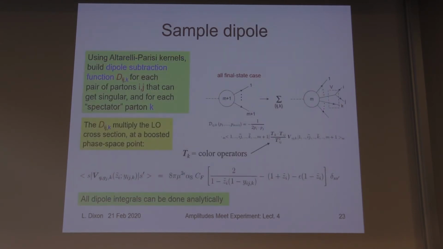So then you get a sum over all of these dipoles. There are some color operators in here which can be evaluated explicitly once you have a color decomposition of your matrix elements for your tree level process on each side. Of course in practice it takes some work to do that evaluation. And then this dipole formula is expressed in terms of these kinematic variables.